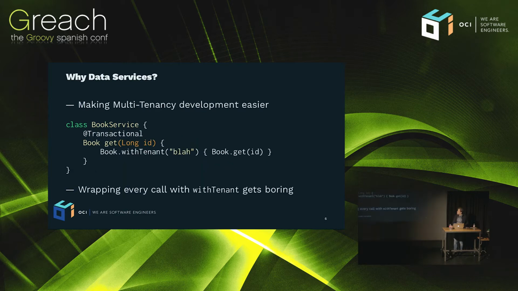And then we have the emergence of more and more folks wanting to create applications that are multi-tenant. So what are the implications of that? Well, typically you want to run a certain set of operations against a particular tenant, and it gets really boring in GORM having to wrap every single method call with tenant or with current tenant.